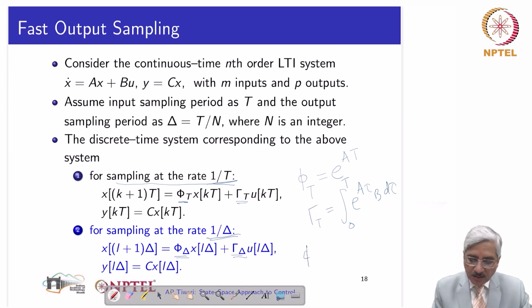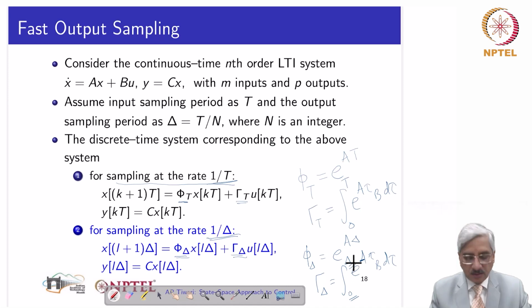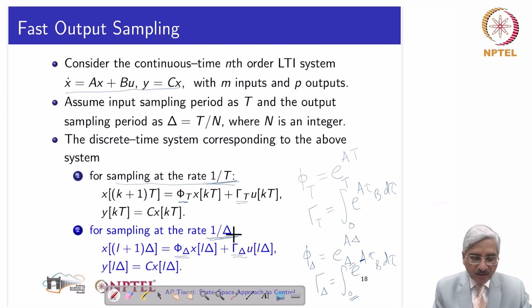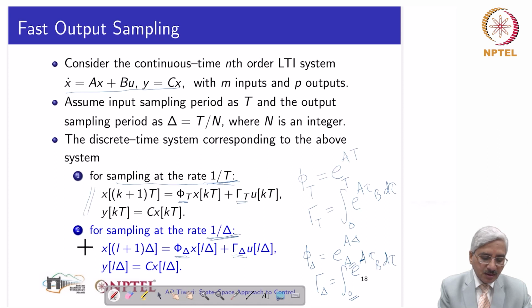Now the system matrix is phi delta, which is e power A delta, and of course gamma delta will be the integral of e power A tau B d tau. Integration limits will be from 0 to delta in this case. So we have the same continuous time system sampled at two different rates, 1 by T and 1 by delta. We have two different descriptions.